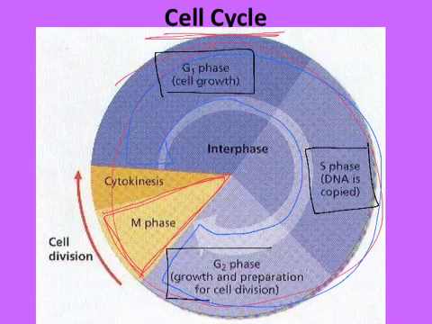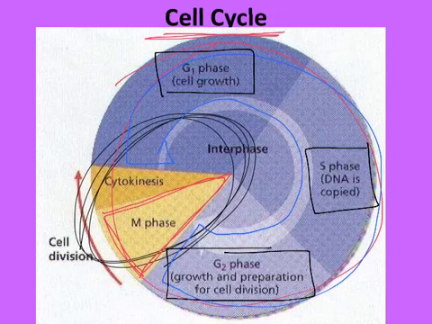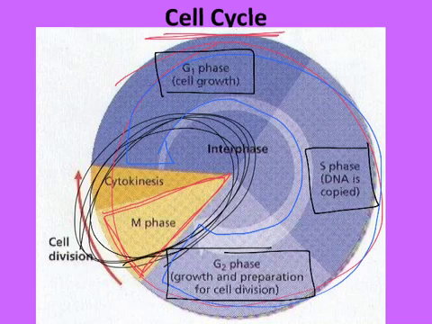Then the third phase is your G2 phase. Your G2 phase is where it's finishing up its growth, it's finishing up the preparation for cell division, and that's where the cell division happens here. So we want to make sure that you understand that interphase is actually the longest part of the cell cycle.